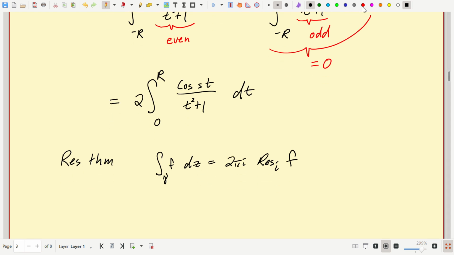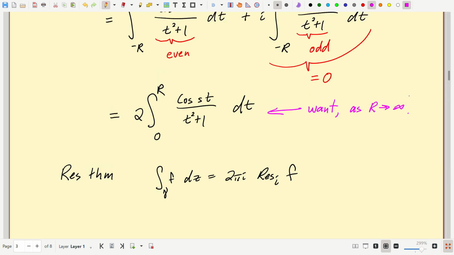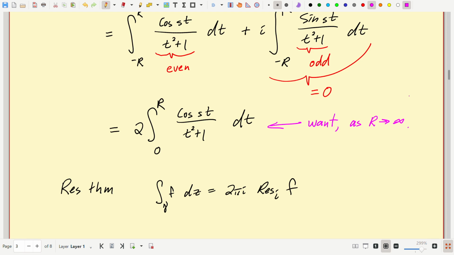This is what we want, this integral along L, as r goes to infinity. That's going to be the thing we want.